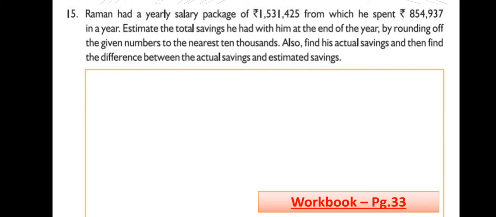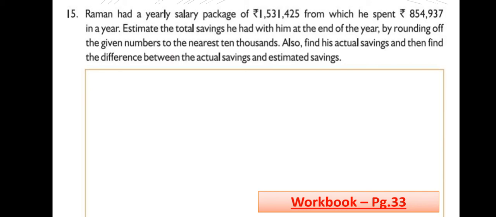So Raman is earning a salary of 1 million rupees, in which he is spending 854,000 in a year. So you have to find the total savings. So total salary minus spent equal to savings. So find the actual savings.